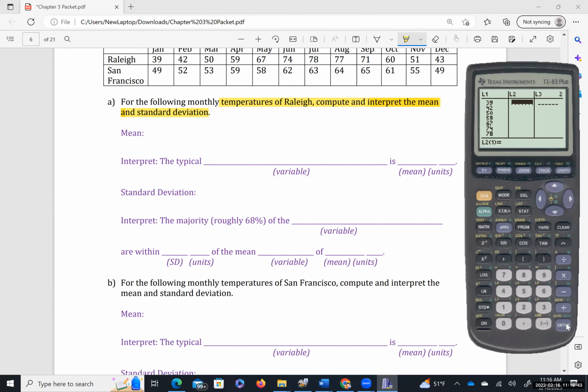For L2, I'm gonna input all the data values for San Francisco. So let's do 49, 52, 53, 59, 58, 62, 63, 64, 65, 61, 55, 49.